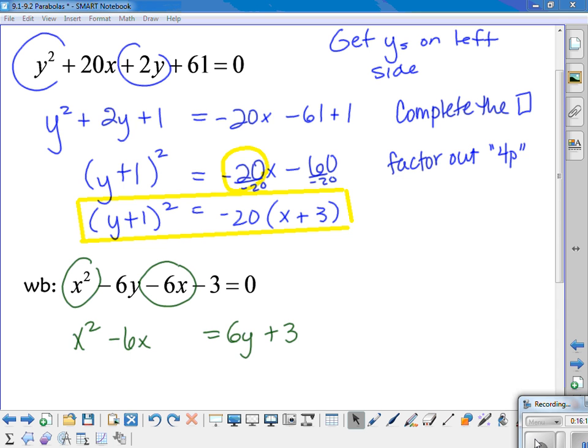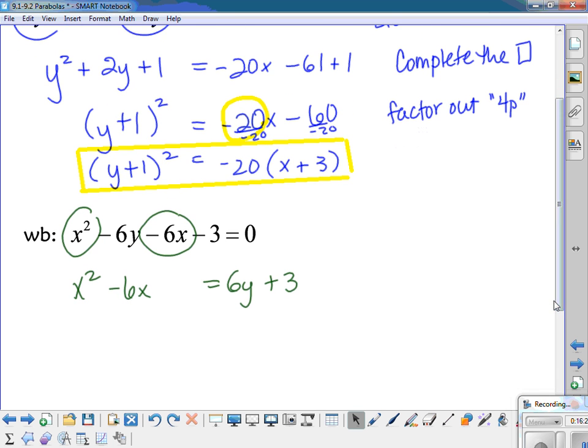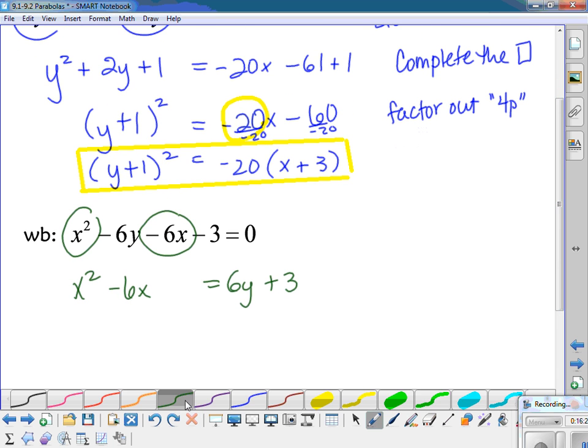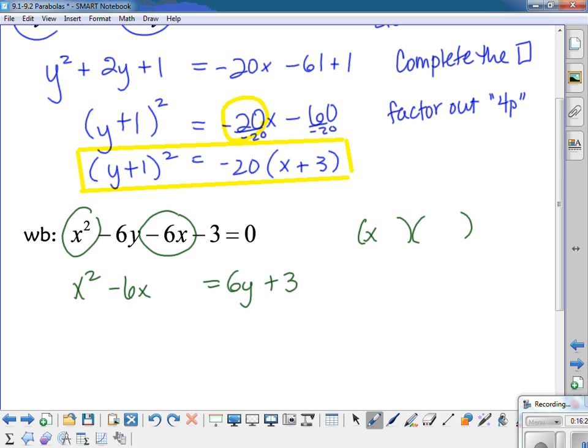Some of you are making mistakes with the signs. And then the other thing is, maybe you need to go back and review completing the square a little bit. What you want to think about is, what do I multiply? I want the same thing multiplied together to give me the minus 6x. So what has to be in that parentheses to get the minus 6x? Minus 3 and minus 3, right?